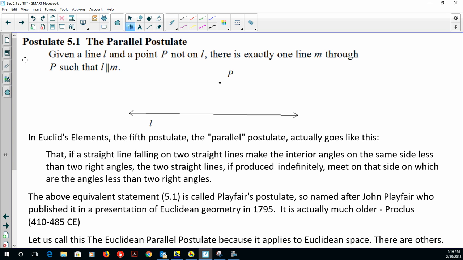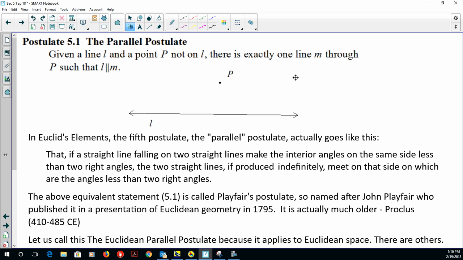It is really, really important. It is a big deal here. It says, given a line L, which I've got drawn here, and a point P that's not on L, there's exactly one line M through P such that L and M are parallel.